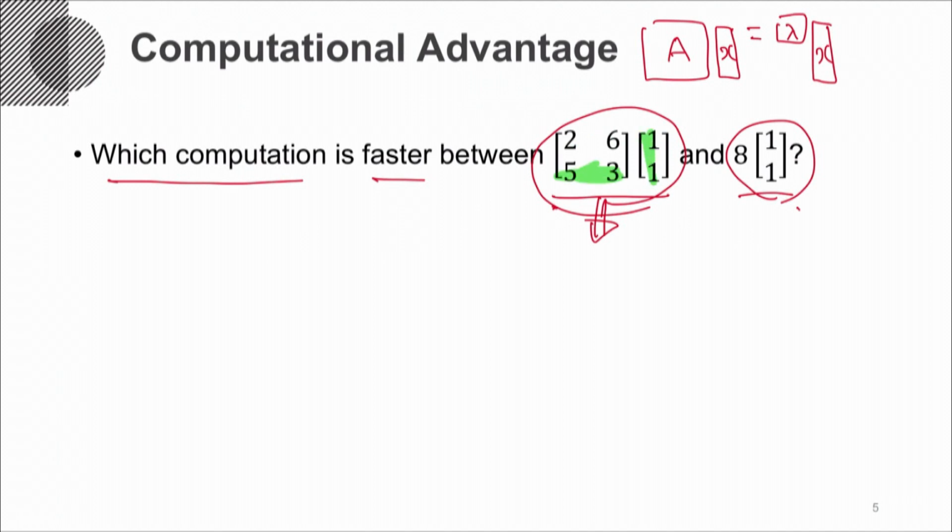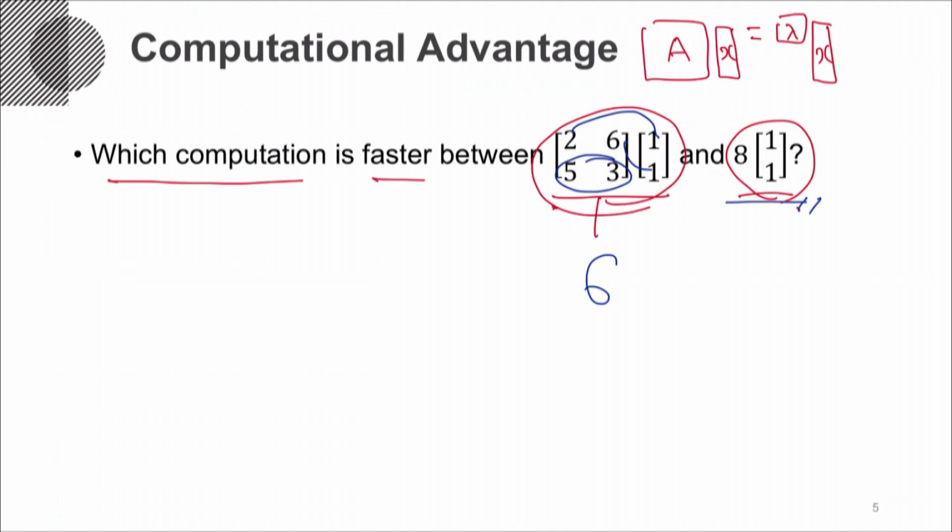So in general, we need 2 multiplications and 1 addition, and also for this other entry of the vector, we need another set of 2 multiplications and 1 addition. So in total, we have 6 multiplications or additions.